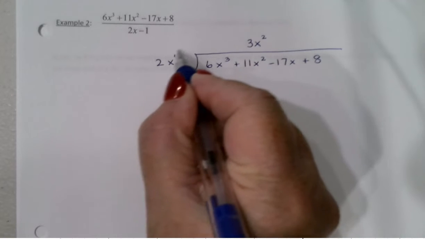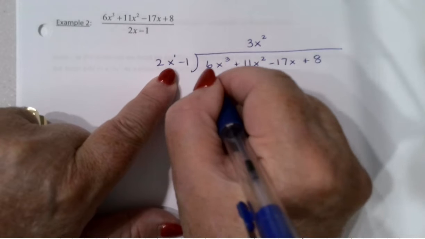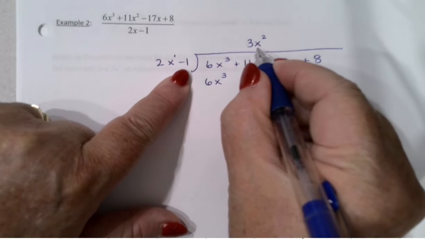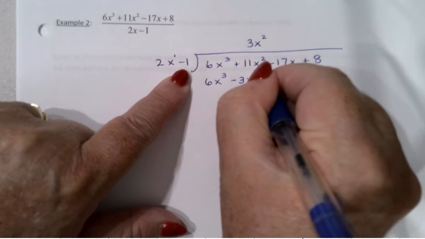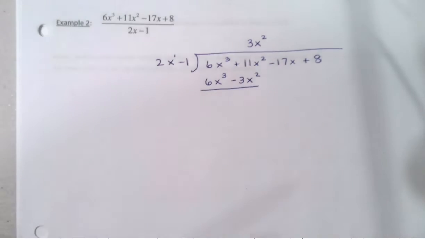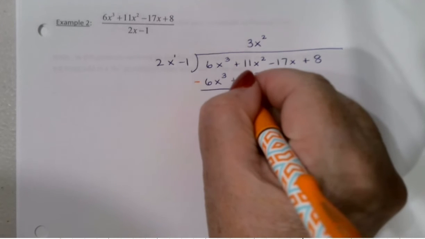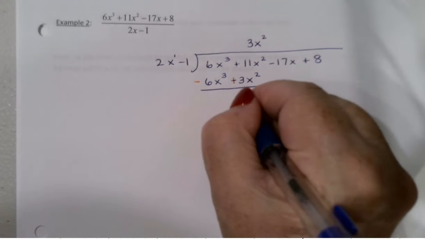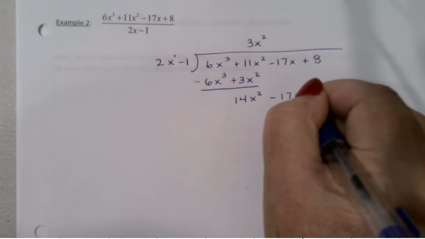So 3x squared times 2x, 6x to the third, and 3x squared times negative 1 is negative 3x squared. I do need to subtract, which makes that negative and that positive. And so I'm going to end up with the 14x squared. And I'll bring down the rest.